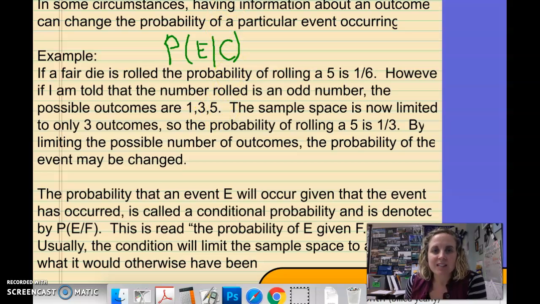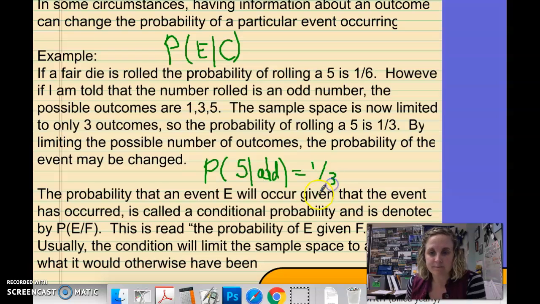So given that it's an odd number, we would say the probability of 5, given that it is odd, equals, instead of 1 out of 6, we have 1 out of 3. So this reduces our total number of events that can occur.